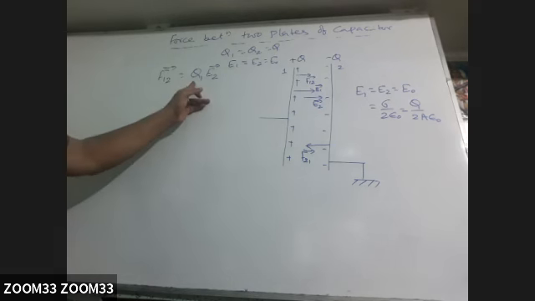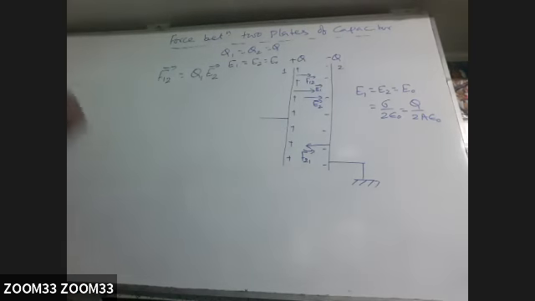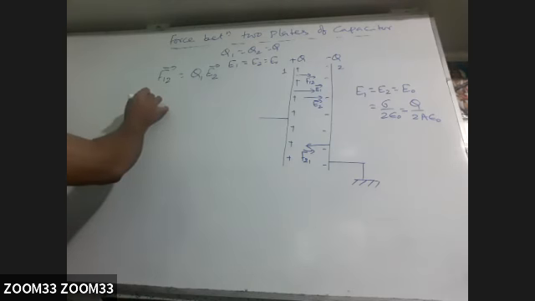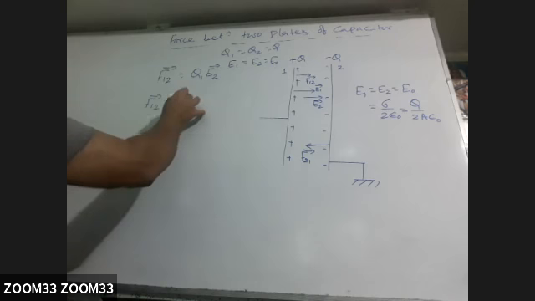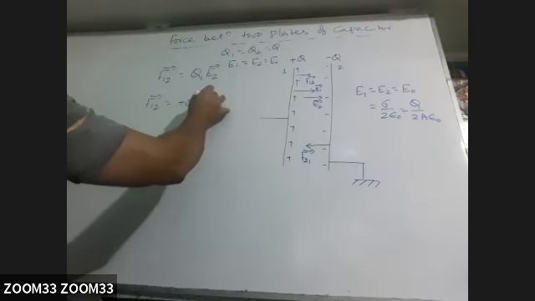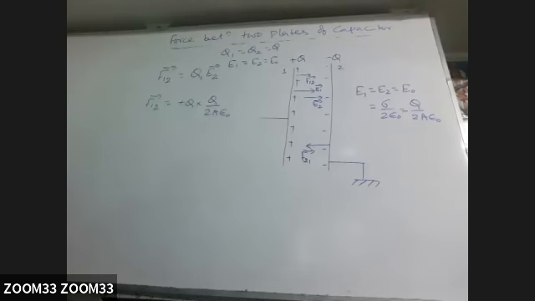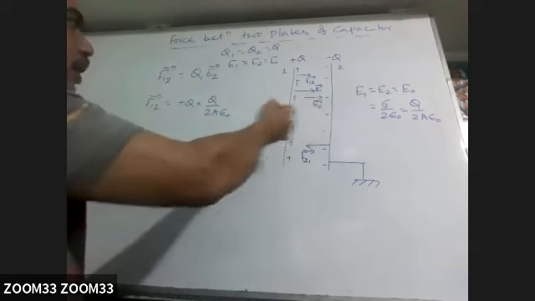As Q1 is positive, so force will be in the direction of E2. So this F12 will be plus Q into how much? Q over 2A epsilon naught. And the direction is what?